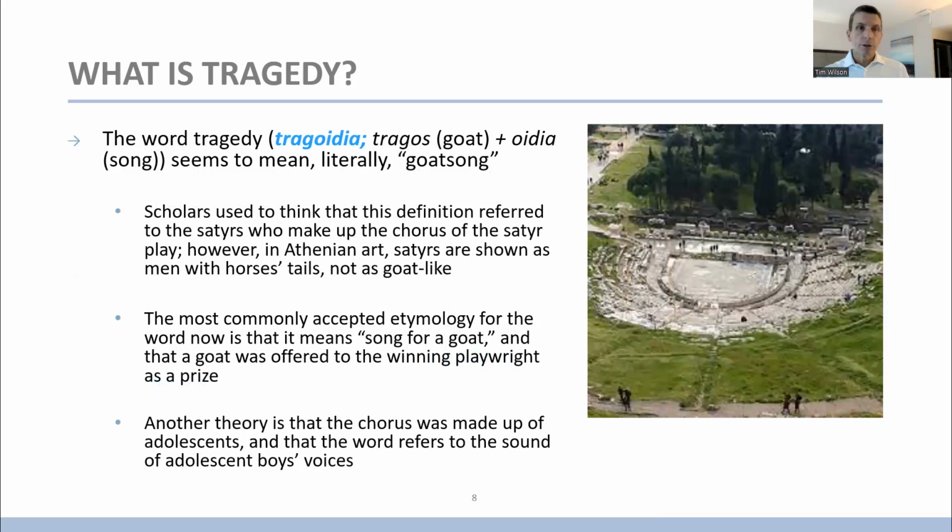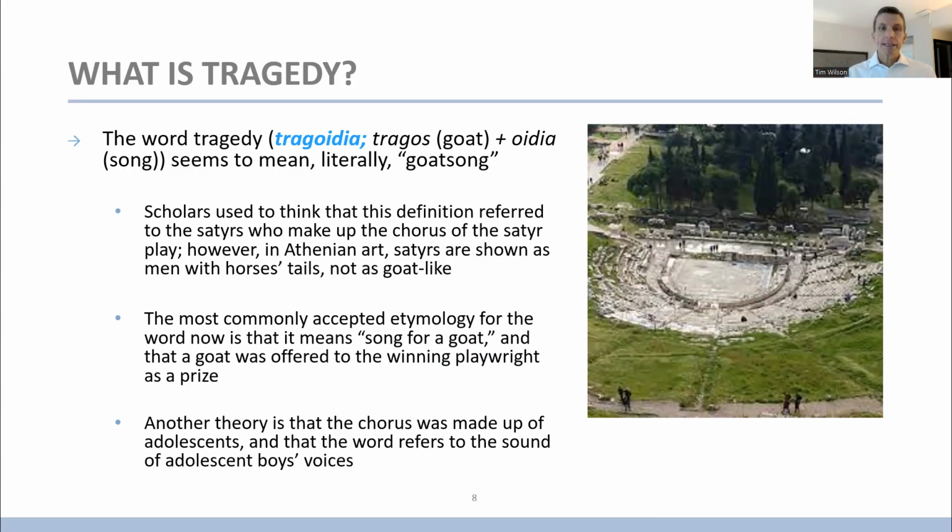So the Greek word from which we get tragedy is tragoidia, meaning tragos, goat, and oidia, song. And so it seems to have meant literally goat song. Scholars used to think that this referred to the fact that there would be satyrs in the chorus. However, Athenian art shows satyrs with a horse's tail and not necessarily as goat-like.